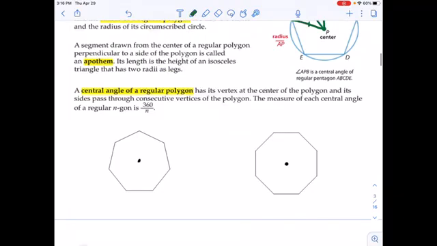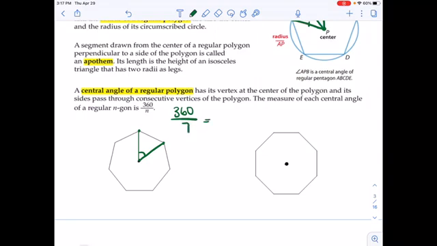So to find the central angle, first of all, we'll draw one out. It's from vertex to center, center to vertex. Consecutive vertexes, to be exact, and the central angle of the regular polygon is 360 divided by how many sides there are.